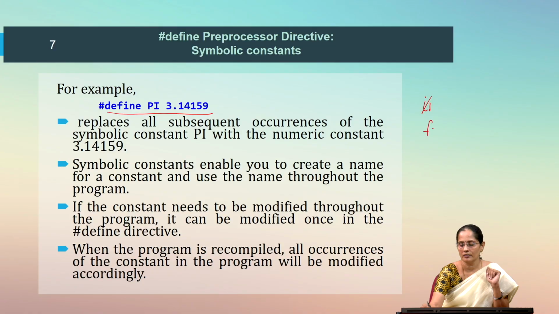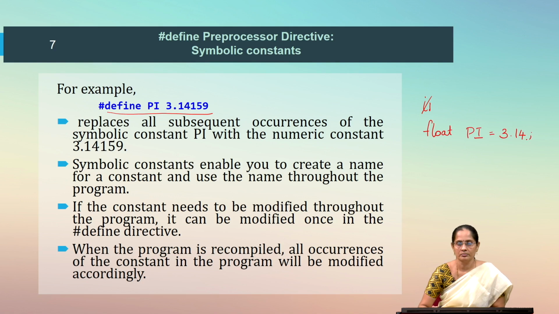Then in the program, if I am declaring a constant through a variable, say for instance, I declare a float type variable for storing the value of pi, and I assign the value 3.14 to it. What happens at the compiler end? This will create a memory location and the value 3.14 is stored in the memory location. Now, I am going to use the value pi maybe 10 times in my program.